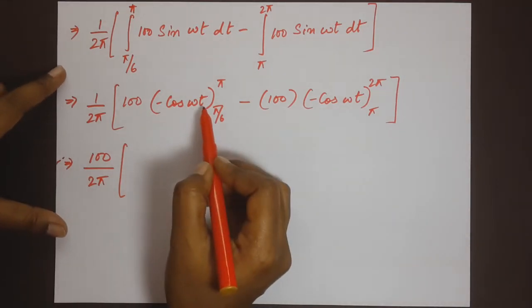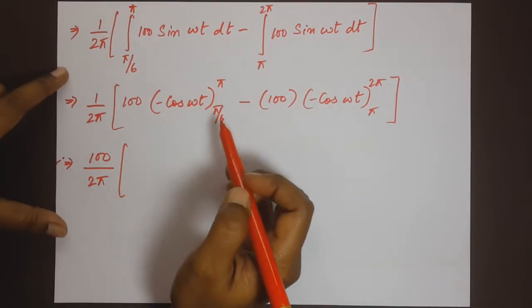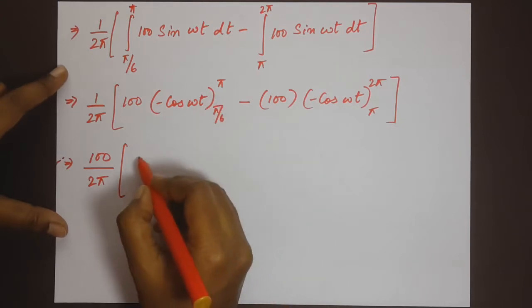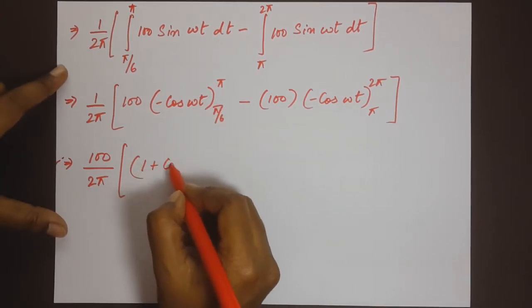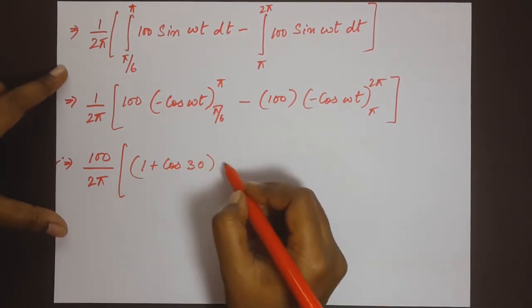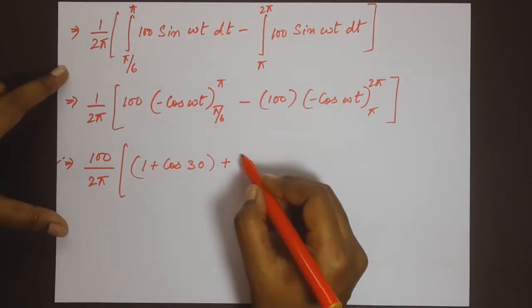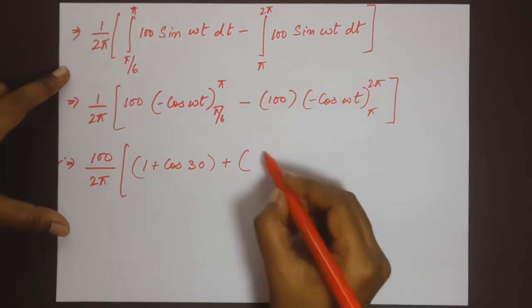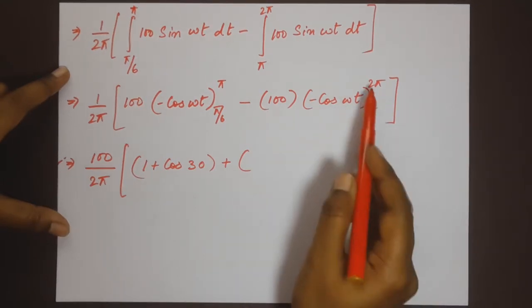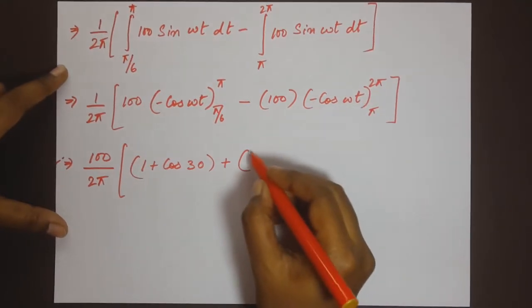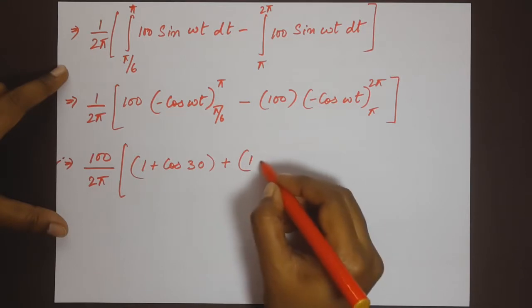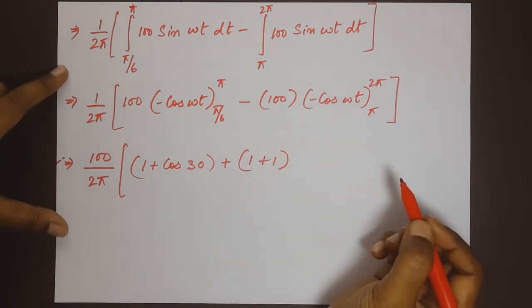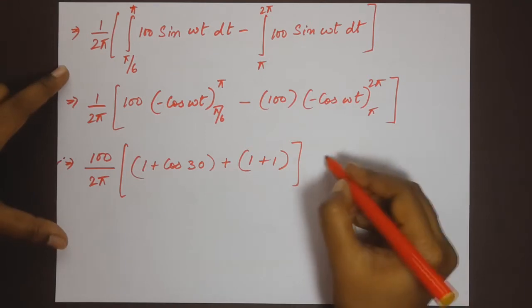Now minus cos omega t, we have to substitute 30 degrees and pi. We will arrive at 1 plus cos 30 plus, and 2 negatives will anyway make it plus, and then cos of pi and cos of 2 pi will give us 1 plus 1, right?